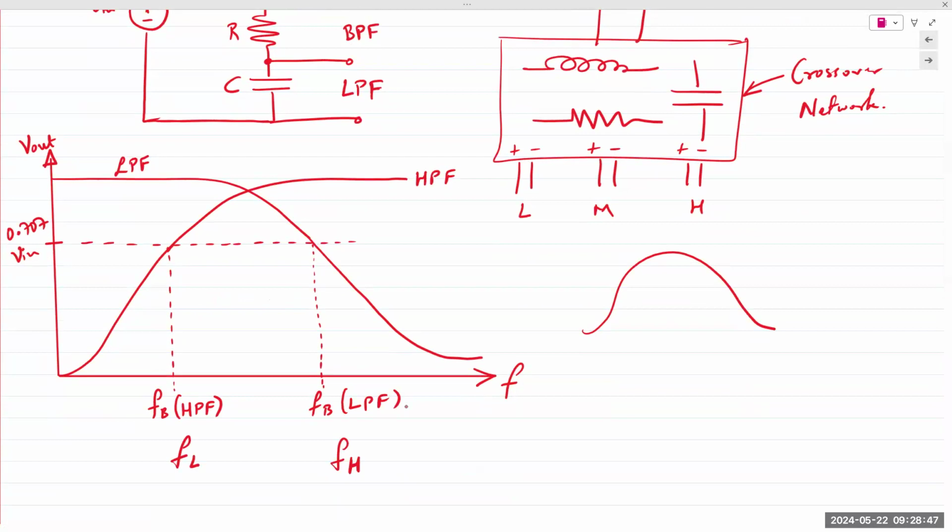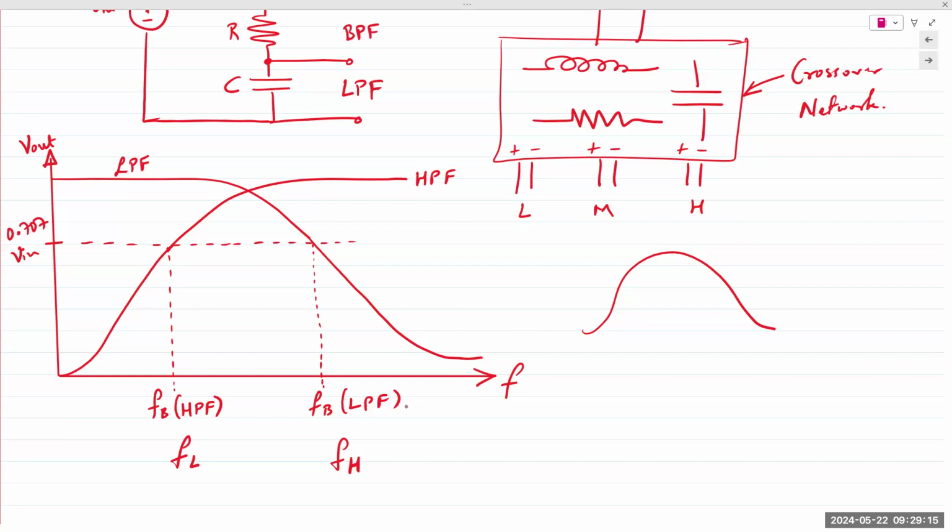But it corresponds to the low pass filtering output. Remember, frequency is increasing to the right. So the value on the right is higher than the value on the left. So FL and FH. But the filtering is actually the opposite. Does that make sense to everyone? Hence, we get a band pass filter.